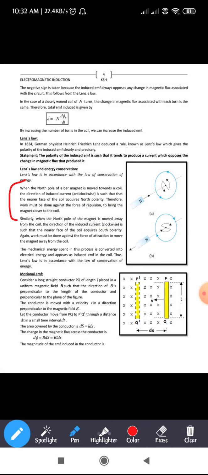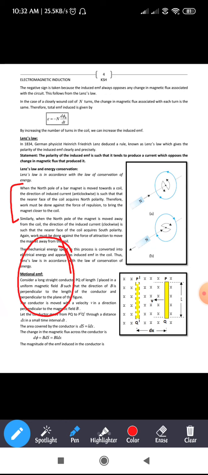I'll read out the first paragraph, about figure A. When the north pole of a bar magnet is moved towards a coil, the direction of induced current is anti-clockwise, such that the near face of the coil acquires north polarity. Therefore, work must be done against the force of repulsion to bring the magnet closer to the coil. See here, let us say that you have a coil here.